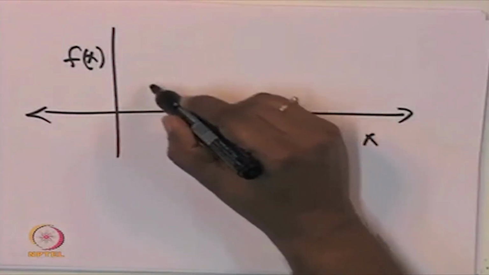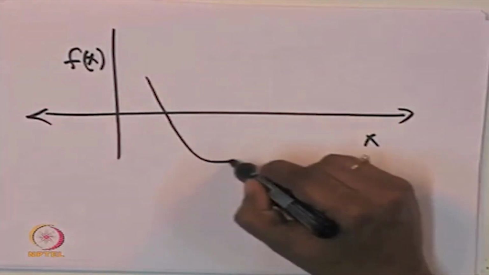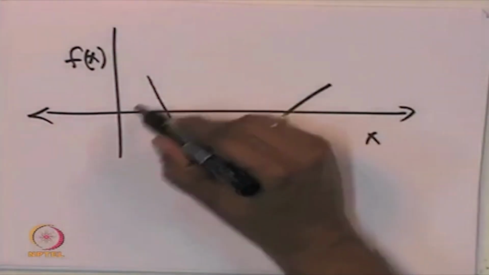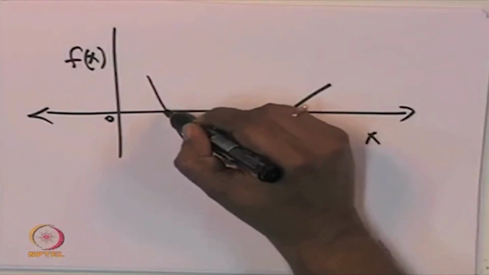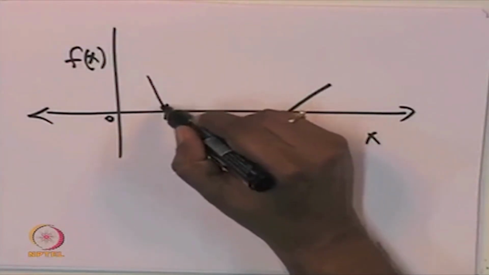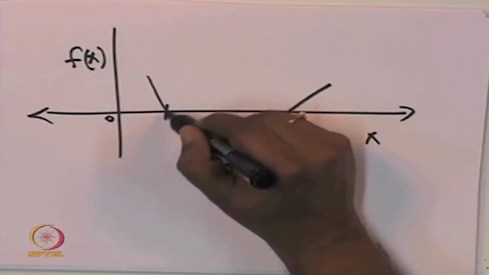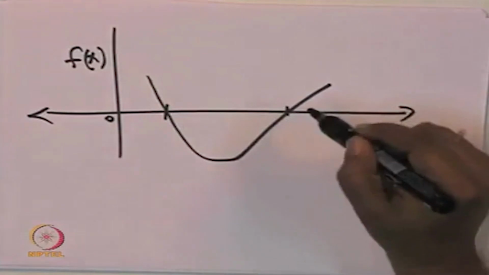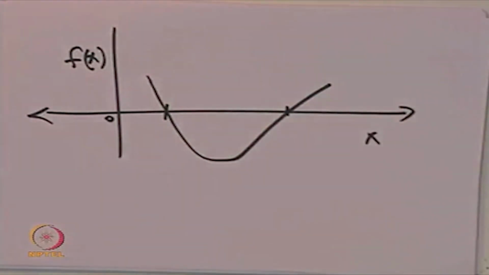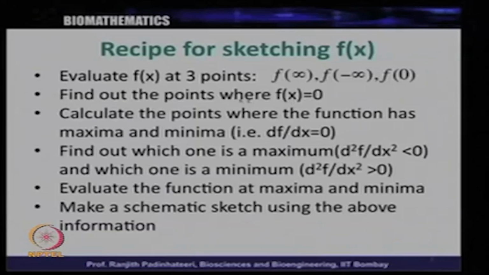That will give us some idea of where the function is crossing 0. If the value is 0 at some particular point, that means it is touching 0 there, and it is likely that it might cross 0 there. So, the second thing we do is find out the points where f of x equal to 0.